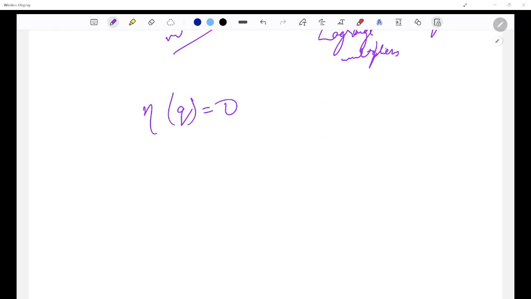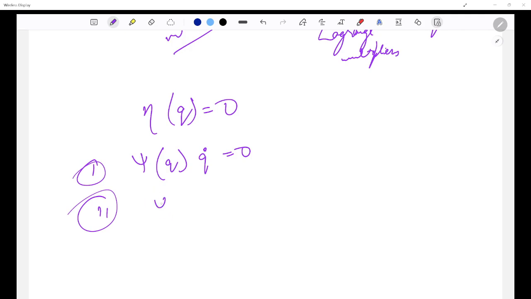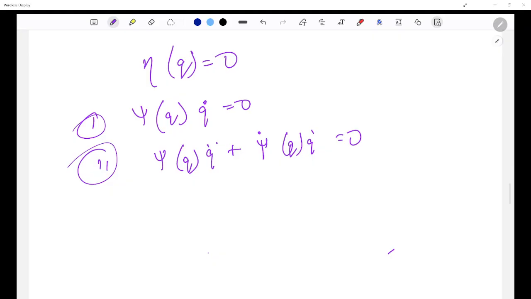On differentiating once, we get an equation in q dot. If we differentiate it again, it would be psi q into q double dot plus psi dot in q into q dot is equal to 0. So the second derivative is required to incorporate constraints into the dynamic equation. This is why the constraint equations are differentiated twice.